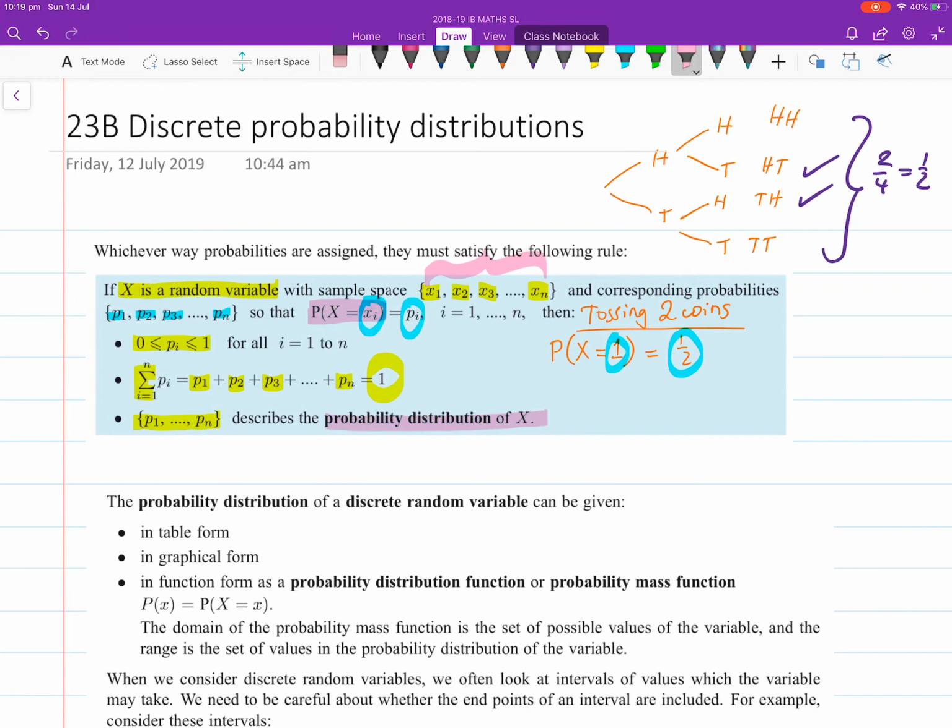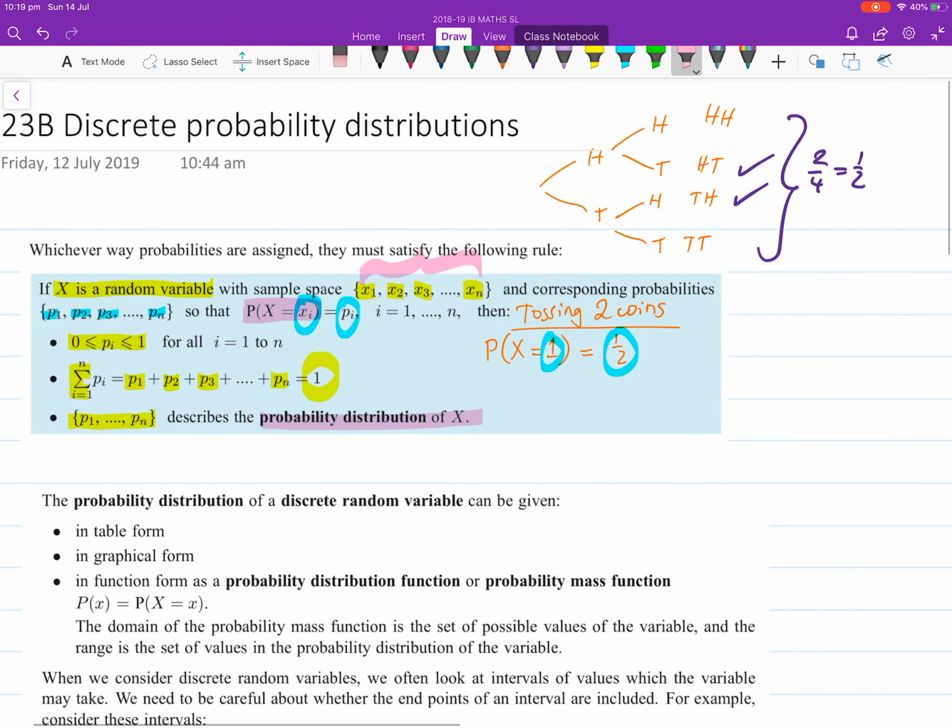Okay, so if we think of the example with the coin, with the 2 coins, let's go back to that one. So your sample space, let's write it here. So sample space would be 0, 1, or 2 heads. Does that make sense? But the probabilities that go with it, what should I write it here as?